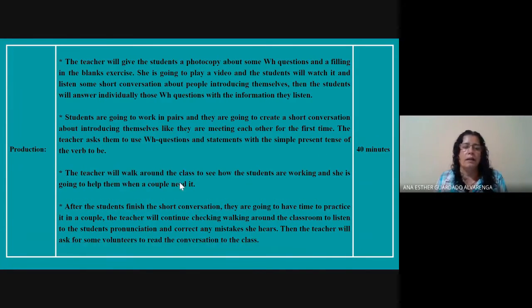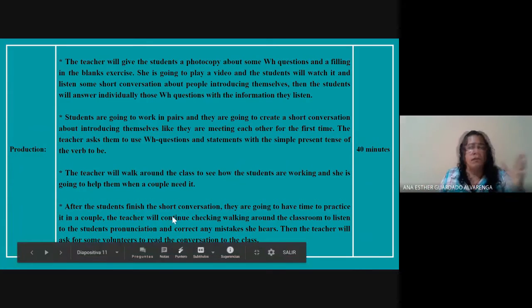And in this part, while the students are working, the teacher is going to walk around and check what the students are doing, and also she's going to help if the students need it. After, when the students finish the short conversation, they are going to have time to practice in couples.